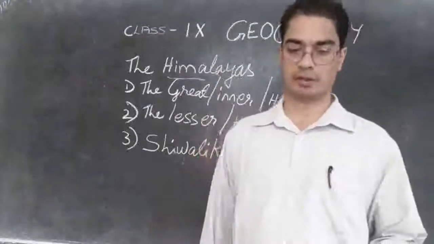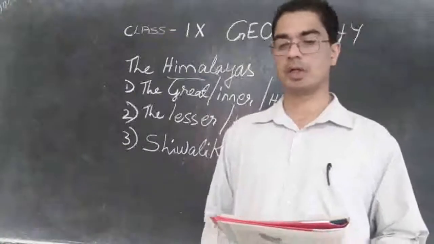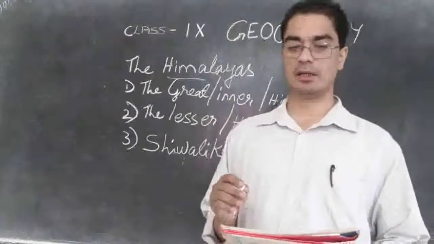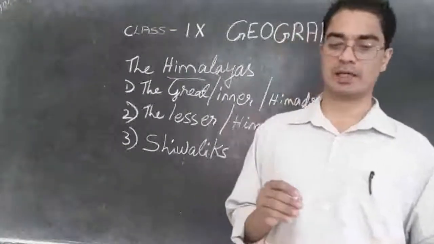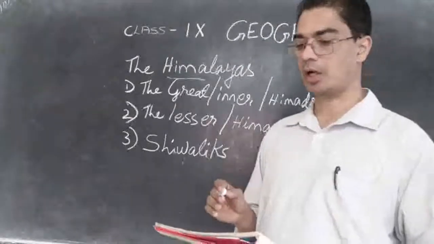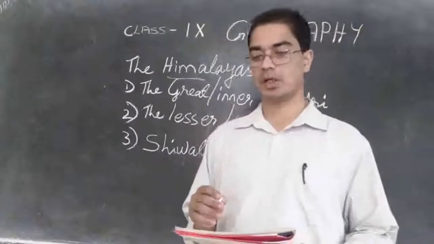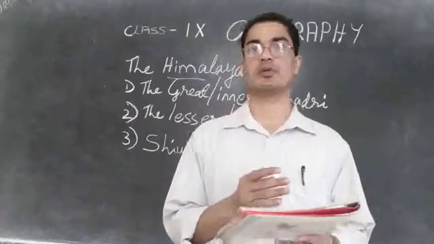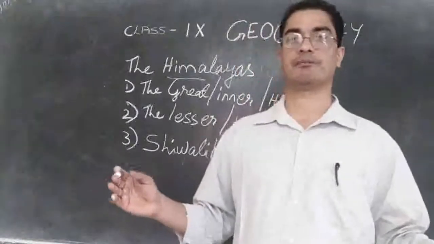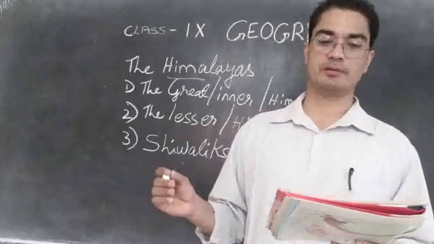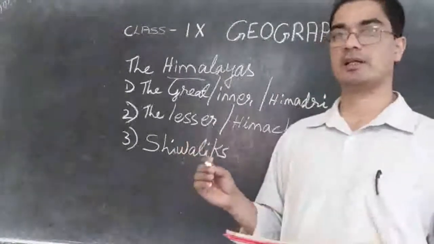The longitudinal valleys lying between the lesser Himalaya and the Shivaliks are known as duns. Longitudinal means the long valley that is lying between the lesser Himalaya and the Shivalik.